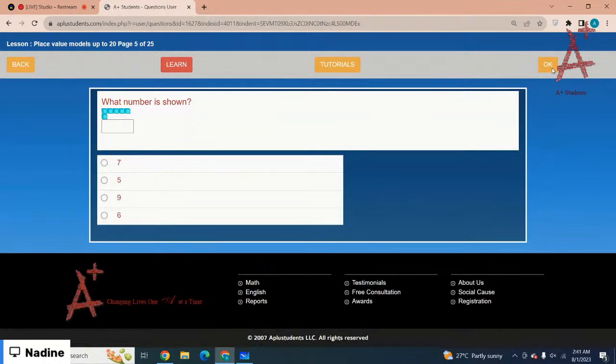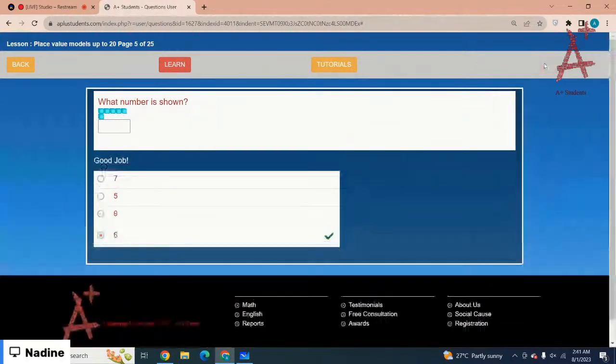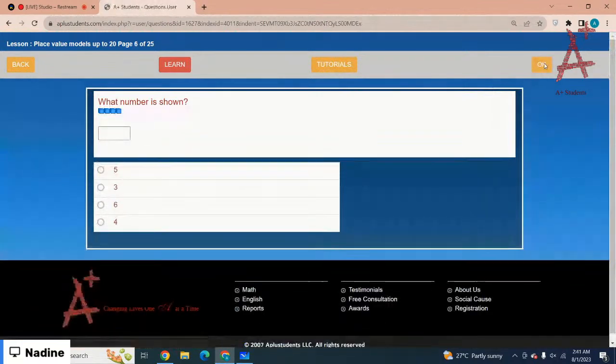Very good. Okay, what number is shown? Which is the correct option? The correct option is six. What number is shown?